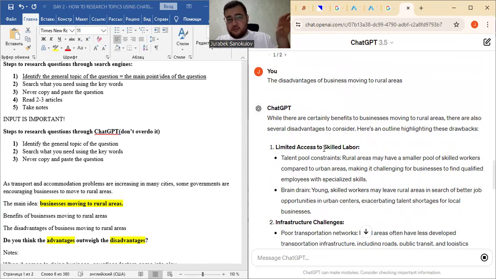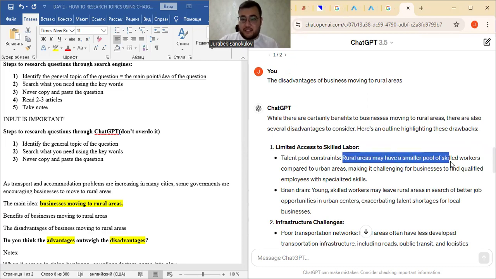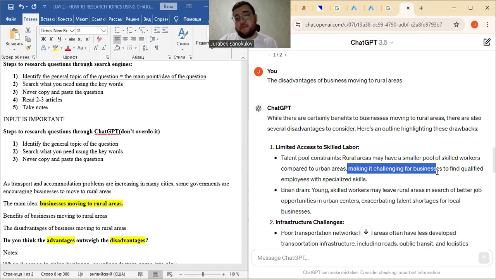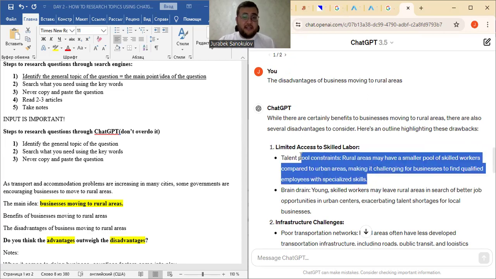If you're located in a rural area, it may be difficult for you to find skilled labor, because most skilled people choose to operate in urban areas, yeah, urban centers. So talent pool constraints. Rural areas may have a smaller pool of skilled workers compared to urban areas, making it challenging for businesses to find qualified employees with specialized skills.